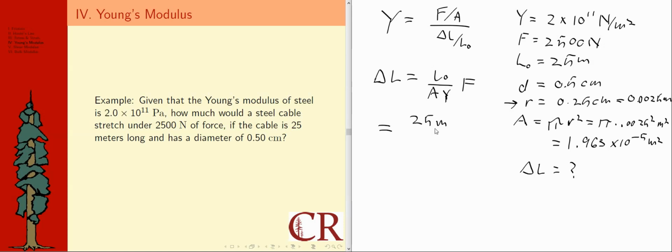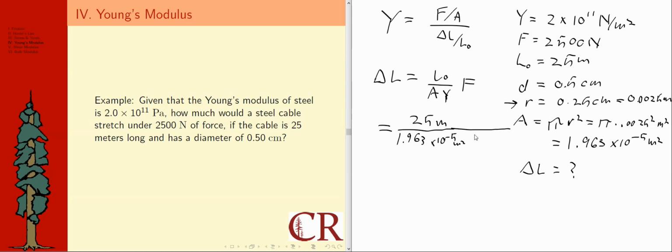I'm still going to put in units just to make sure everything is okay. This area one's kind of annoying to put in. Oops, I forgot a number there: 1.963 times 10 to the minus 5. I regret not making that fraction large enough. If you experience things like this at home, you're just like me.